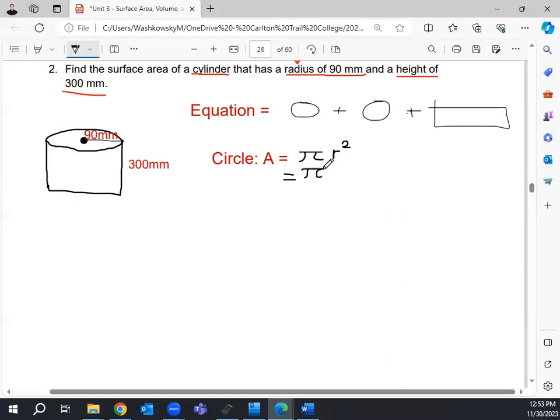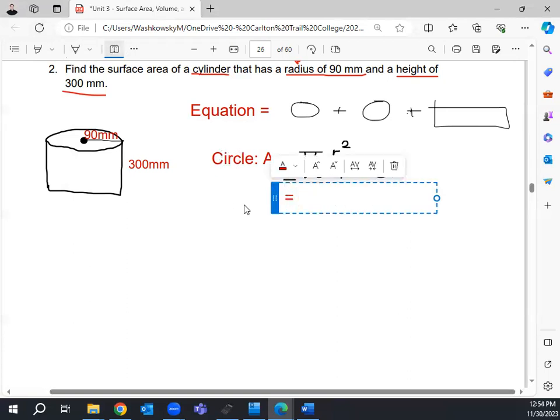I already have my radius because it tells me up top what the radius is. So what number am I substituting in for r? 90. Just 90, right? It tells me the radius is 90, so I'm just going to put in 90 there. So it's 90 squared. It's 90 squared millimeters, not 90 millimeters squared, because we're squaring that number.